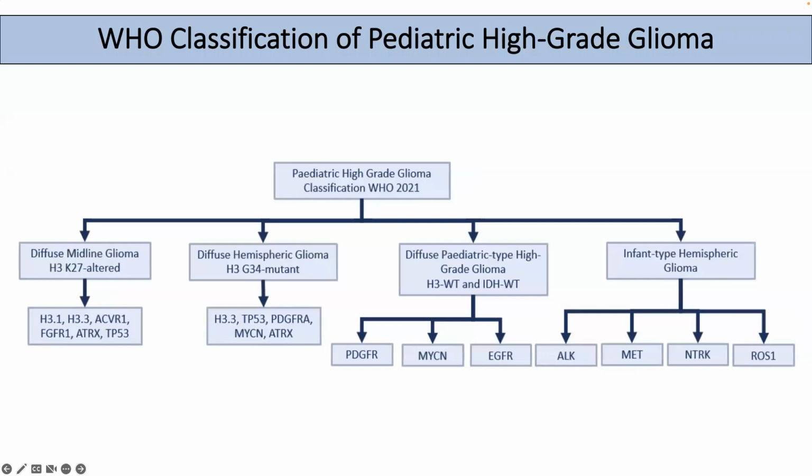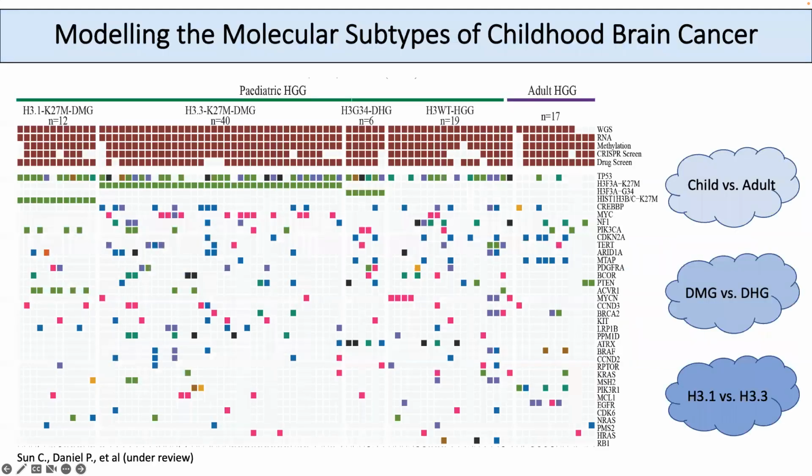That's exemplified here with the diagnosis of high-grade gliomas now comprising molecular information such as H3 mutations and alterations, as well as other altered genetic pathways. So with this type of cell line atlas, we can really have an excellent opportunity to model these different molecular classes of pediatric gliomas.